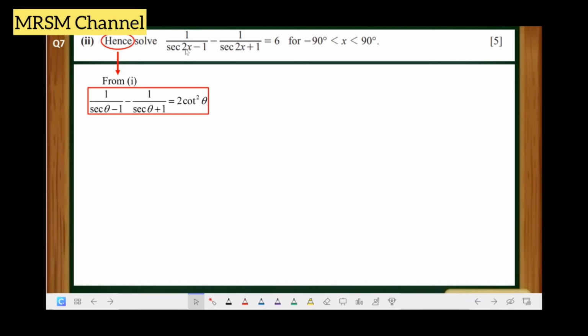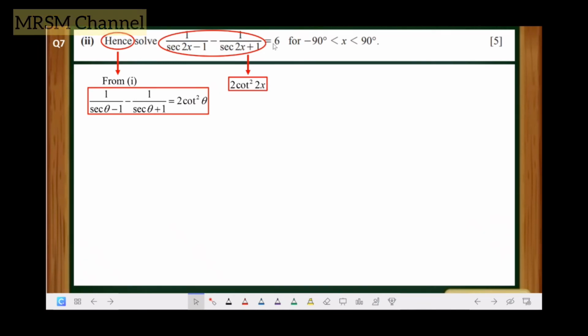Okay, only that part. Everything else is the same. Okay, so if this one in part 1 gives 2 cotangent square theta, for this one we only convert this theta to 2x. So what we have is actually 2 cotangent square 2x. Okay, so 2 cotangent square 2x is equal to 6.